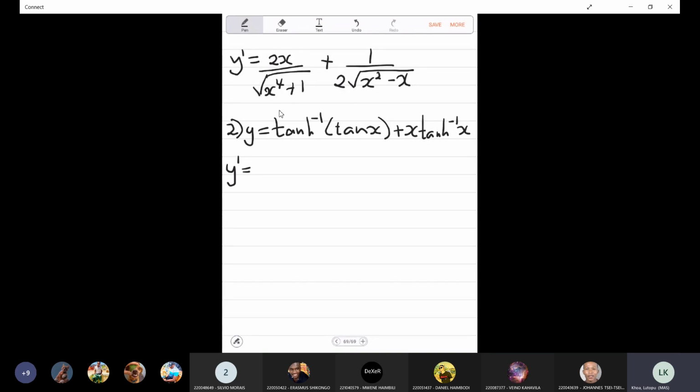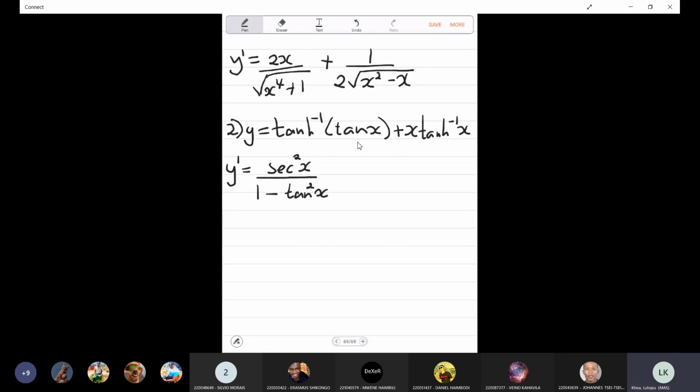The derivative of tan inverse, we have the derivative of this function here in the numerator, and we know that the derivative of tan is sec squared. So we have sec squared in our numerator, and then in the denominator we have 1 minus the function squared. So this is 1 minus tan squared of x.